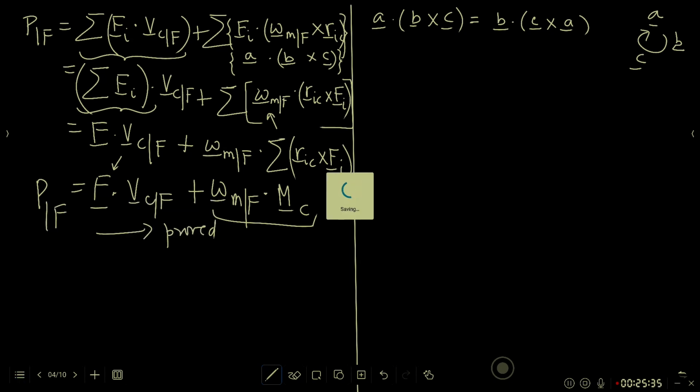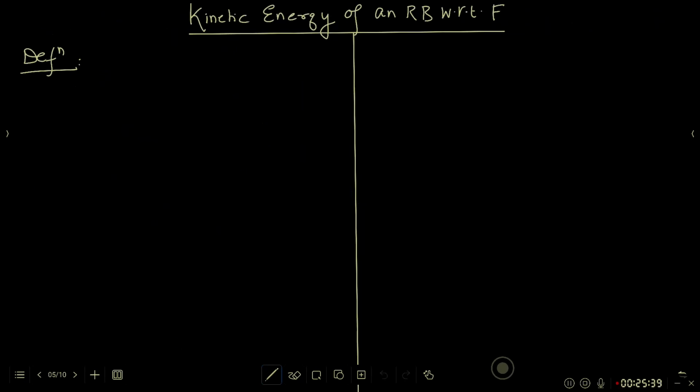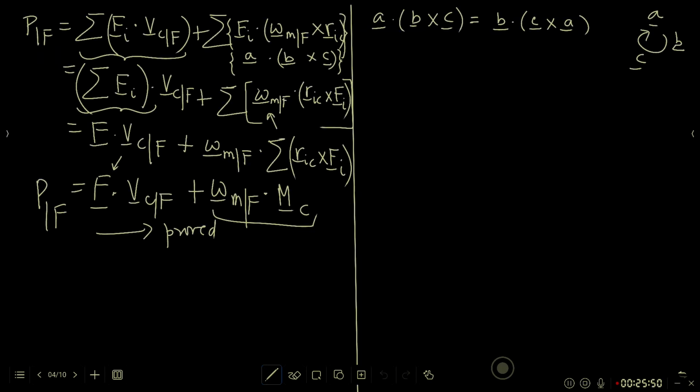Now let us define the kinetic energy of an RB with respect to F. In the last two slides I defined the rate at which an external force system does work on the RB, and I got a convenient expression for that.